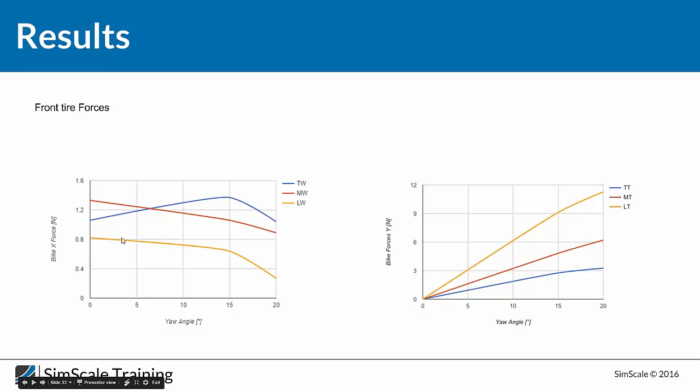If we are riding at 20 degrees, we can reduce the drag by more than half just by changing the thickness of the tire, from I think 1 Newton to 0.3 Newton, which is really significant.